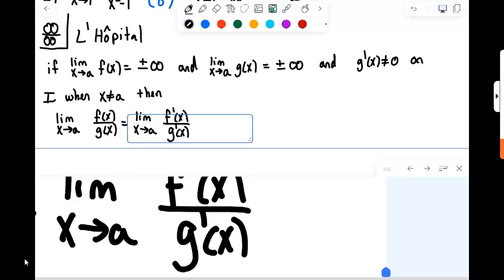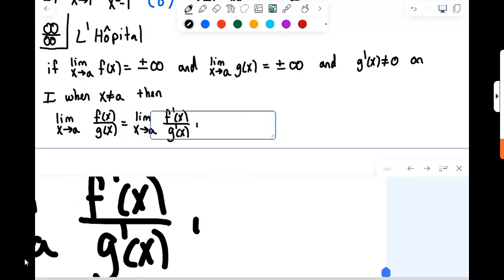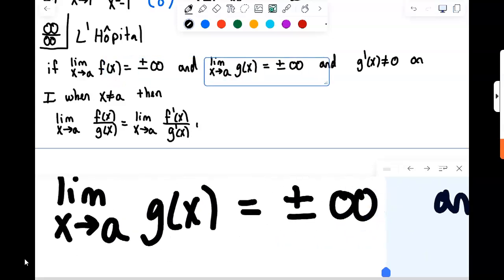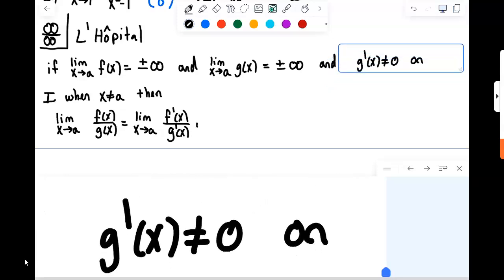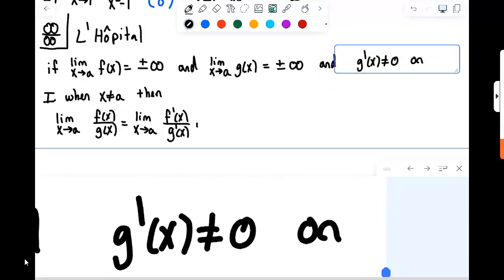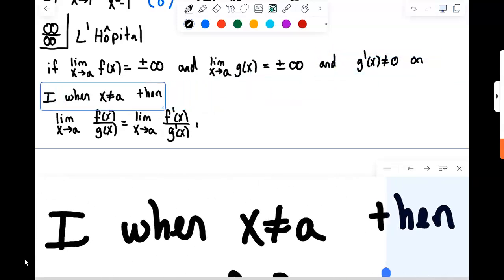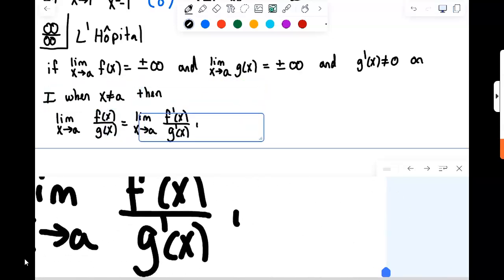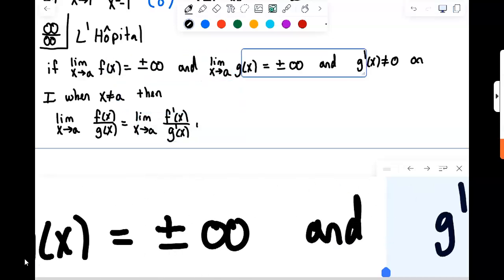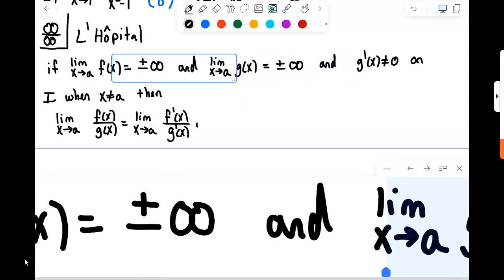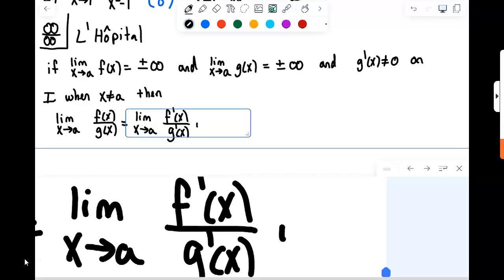Okay? So that is L'Hopital's rule. So again, if both top and bottom are approaching infinity, then as long as the derivative isn't completely 0, so you can always find an interval, then we evaluate it. So yeah, it could actually happen that you start with an infinity over infinity limit, and then when you do the derivatives, maybe you get a 0 over 0 limit.